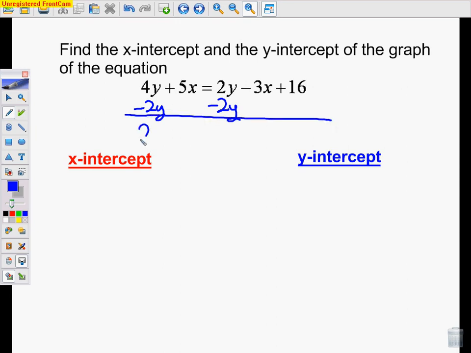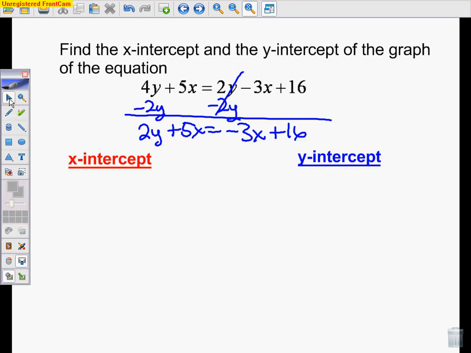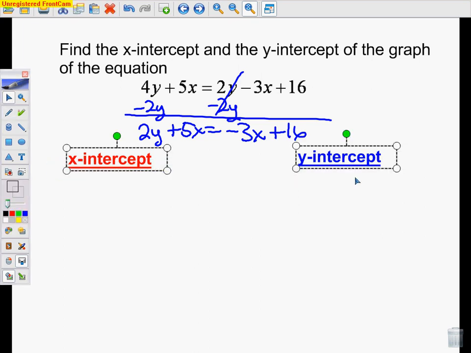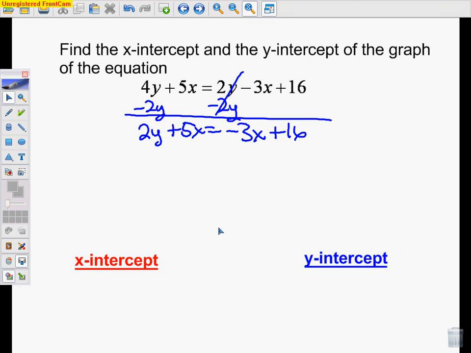So we would have 2y plus 5x equals, those cancel out, -3x and a +16. And then we'll move that x over. So let's add 3x to both sides to move that to the same side. Because remember, in standard form, x and y are on the same side.